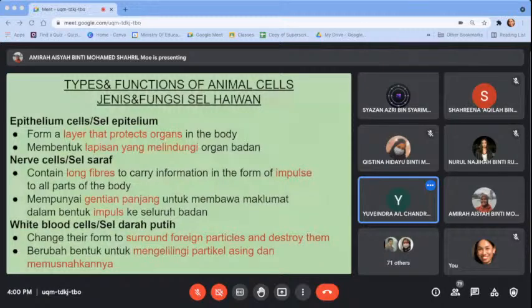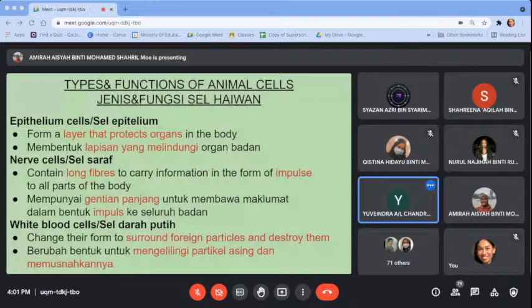Seterusnya adalah fungsi sel haiwan. Antaranya adalah sel epitelium. Sel epitelium ini adalah lapisan luar yang akan melindungi semua organ dalam badan. Sel saraf mempunyai jentera panjang untuk membawa maklumat dalam bentuk impuls ke seluruh badan.